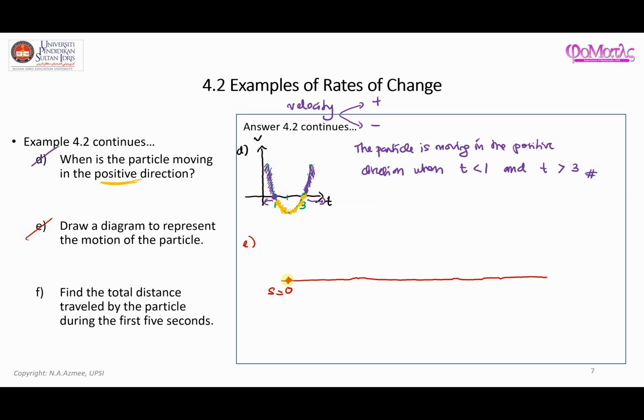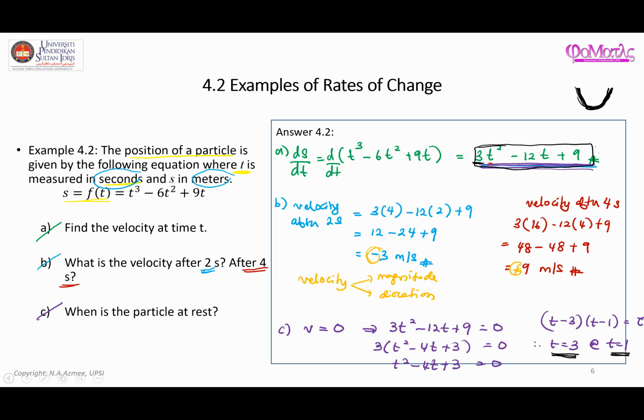This is the point of origin, this is the starting point, so s is equal to 0. And first of all, let us go back to the equation. So the equation is this one. When t is 0, s is going to be equal to 0. You can substitute t equals 0 and you will get s equals 0.